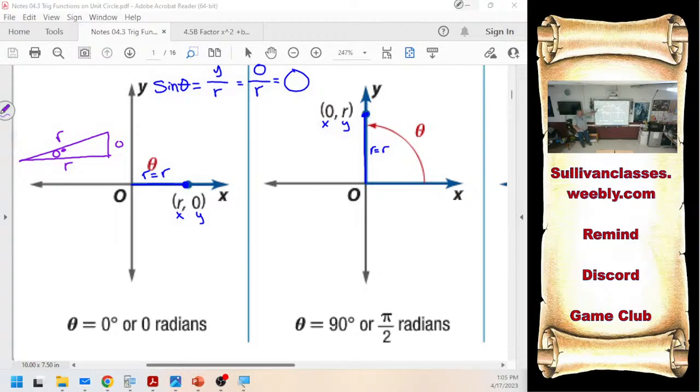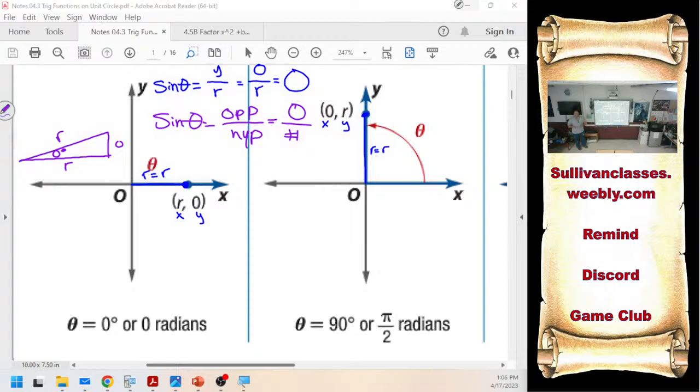This is just a visualization. There is no triangle. It is literally just two sticks laying on top of each other. So there is no opposite. If I said the sine of theta was opposite over hypotenuse, when I'm at 0, there's nothing over a number, so it's going to be 0.